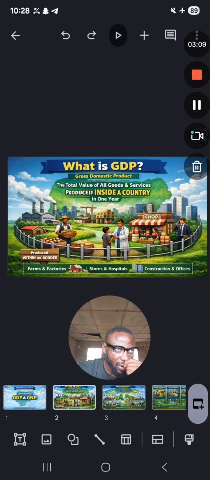Now, I'll give you a real life illustration. Let's think of Nigeria as a large fenced compound, like the video we have here. Look, it is fenced, with different people and different shops inside the fence. Anything produced inside the fence counts as Nigerian GDP.